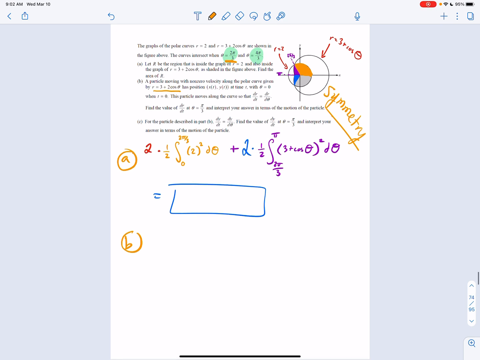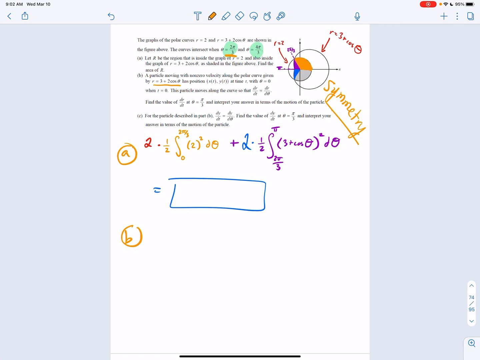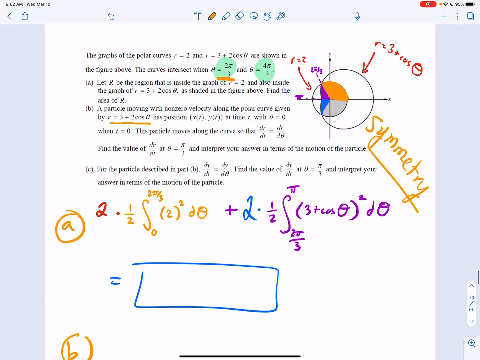Okay, it has a position x comma y at time t with theta equals 0 when t equals 0. So here's a given condition. This particle moves along so that dr dt is the same thing as dr d theta. Find the value of dr dt at theta equals pi over 3.